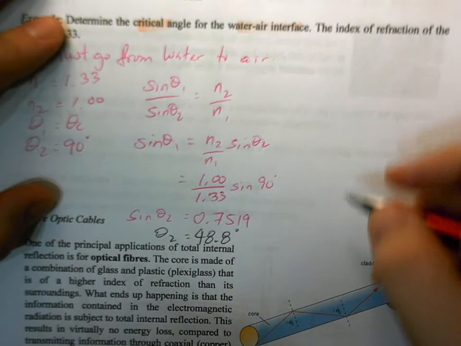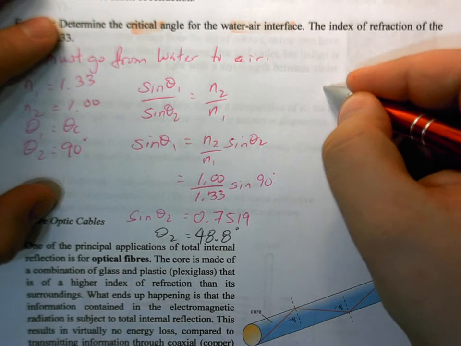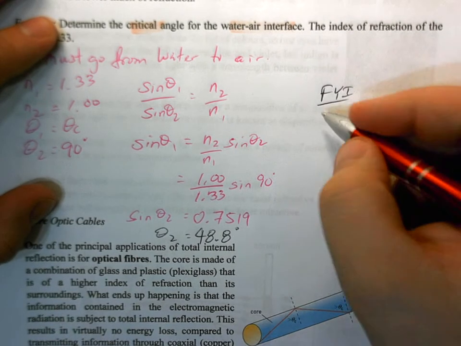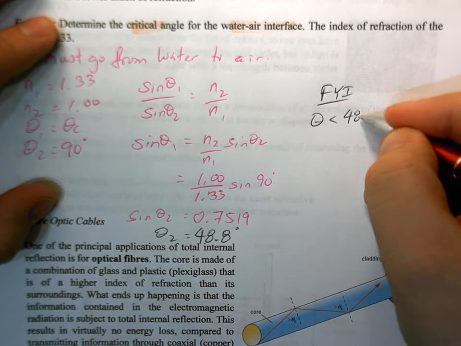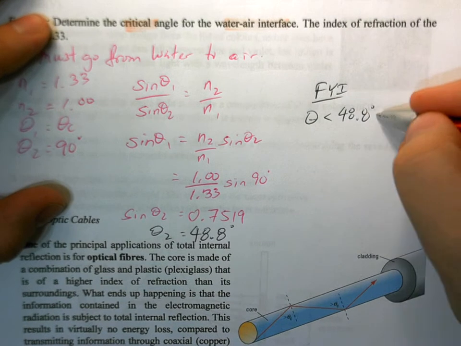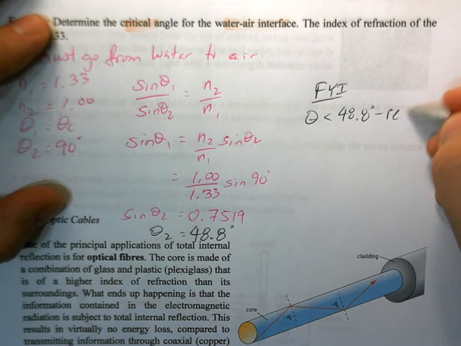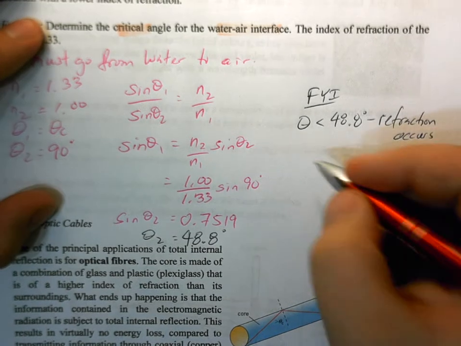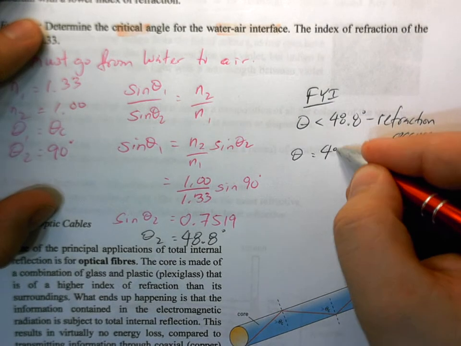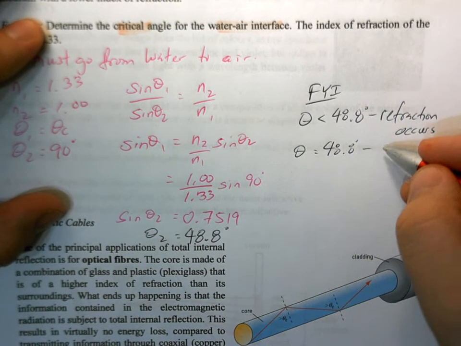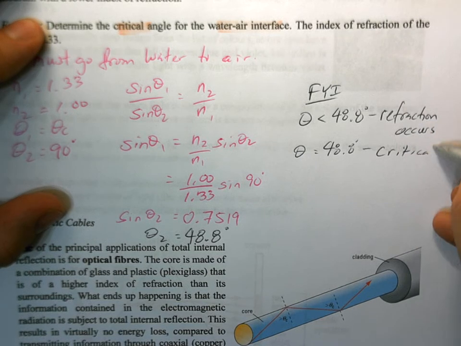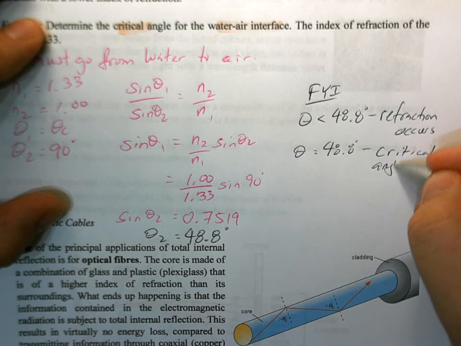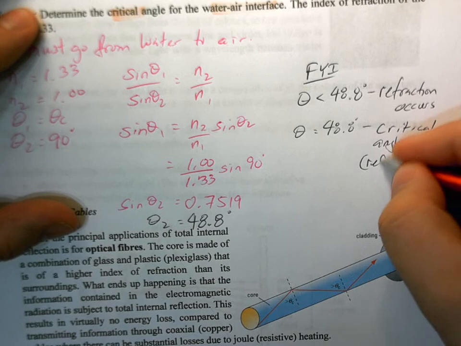So I'm going to mark that on the side here, just for your information. When the angle is less than 48.8 degrees, we're going to have refraction. So refraction occurs. When theta is equal to that 48.8, this is the critical angle, so the refracted ray is along the boundary.